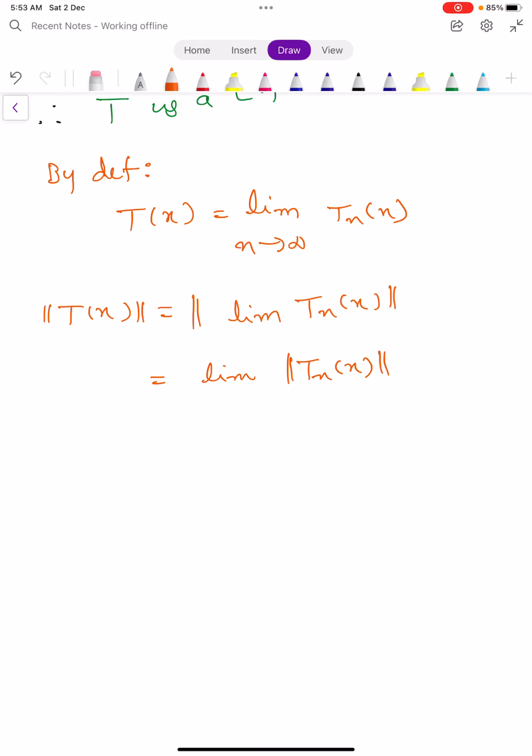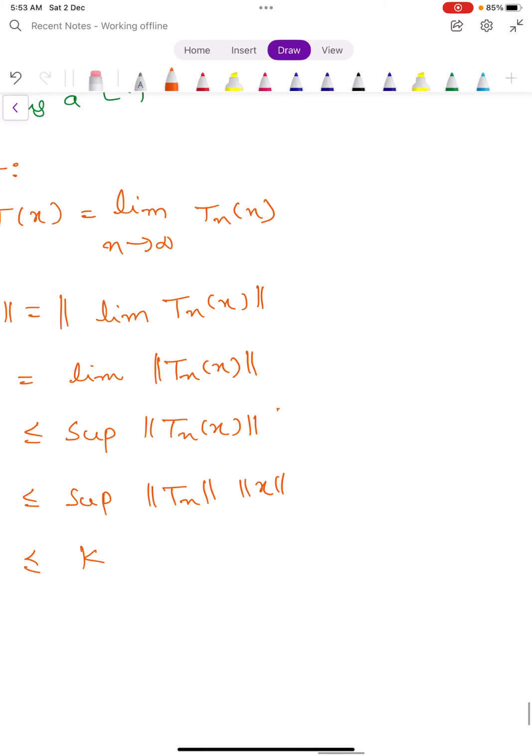This is a simple calculation, which is less than or equal to supremum of norm Tn of x, which is less than or equal to supremum of norm Tn into norm x, which is less than or equal to supremum of norm Tn, we treat it as k, and norm x less than or equal to 1.